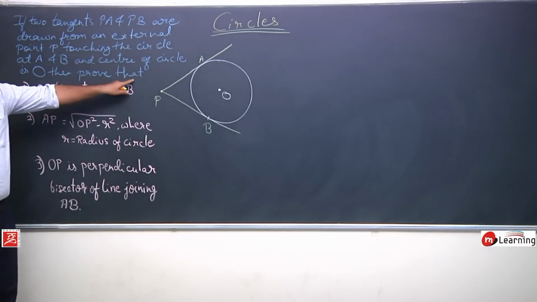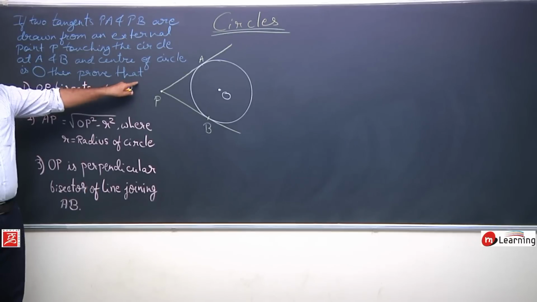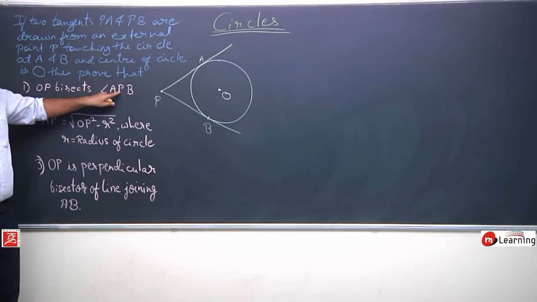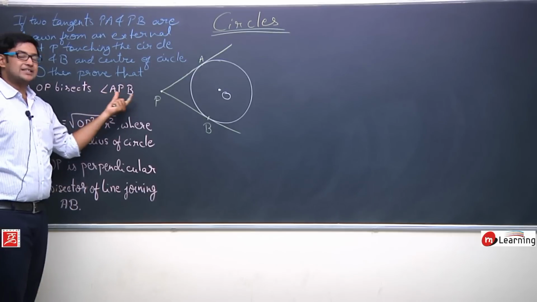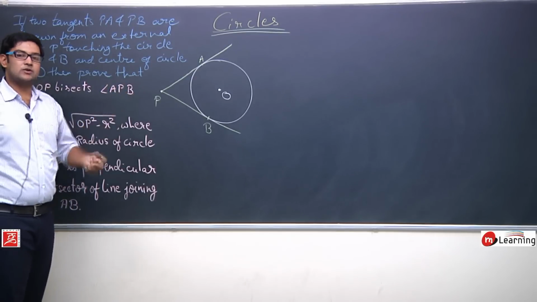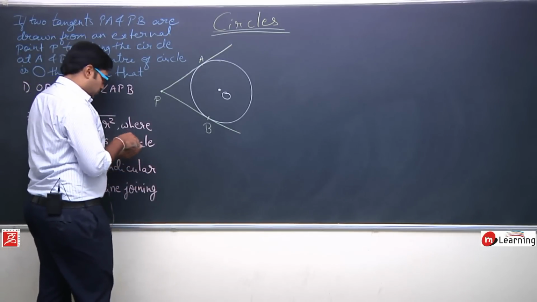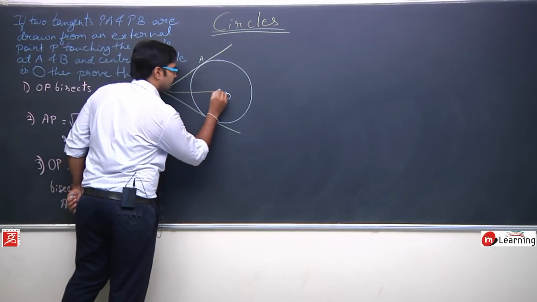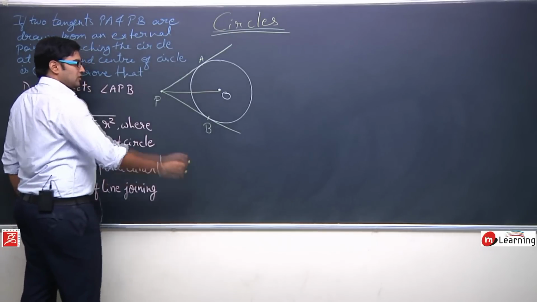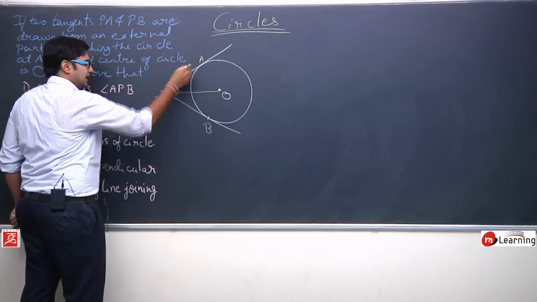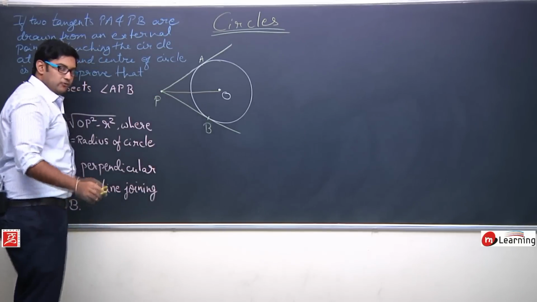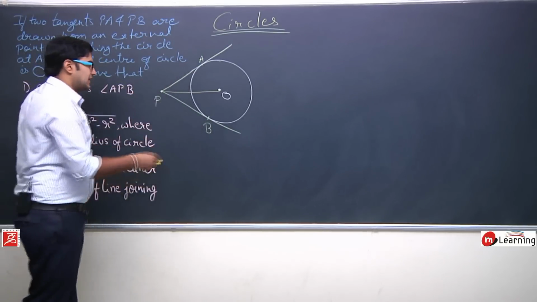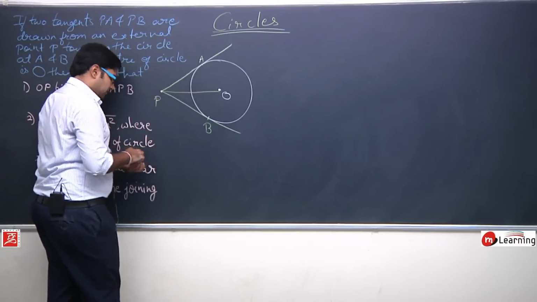Then prove that. Okay, then what do we need to prove? It says OP bisects angle APB. This is what we have to prove. So what is OP? OP is this line. And we need to prove that this OP bisects this angle APB. Now, if OP bisects this APB, can I say these two angles should be equal?